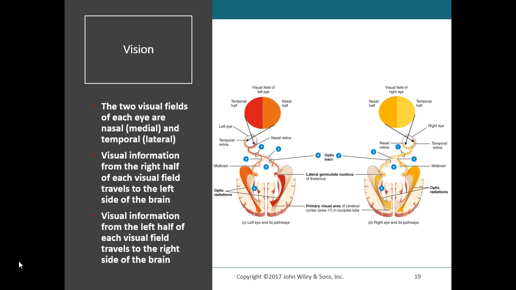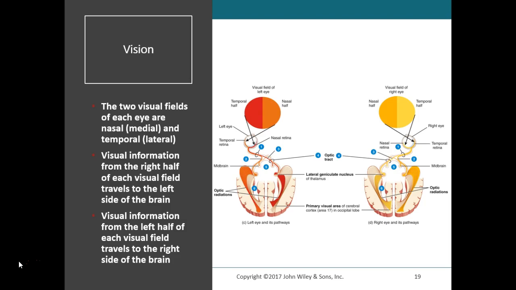Axons of cells from the retina form the optic nerve, which provides output from the retina to the brain. Axons from these nerves are going to cross over where the optic nerves form the optic chiasma. Remember when we looked at structures of the brain, and we also looked at the bones, and we saw the optic canal, the optic nerve crosses over right there at the pituitary gland and the sella turcica, and forms that X-like structure, the optic chiasma.